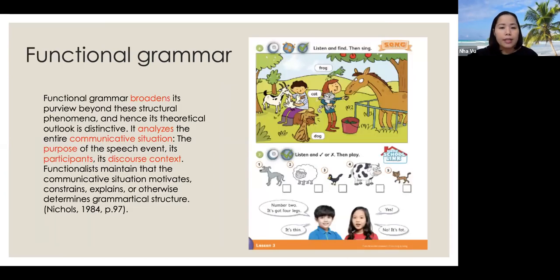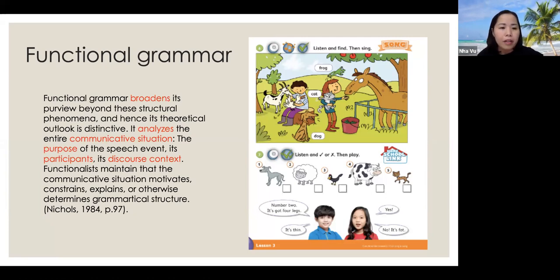And another example, we talk about functional grammar. So functional grammar is the theory that looks at grammar in different ways. It is not looking at it as a set of different parts to make meanings.